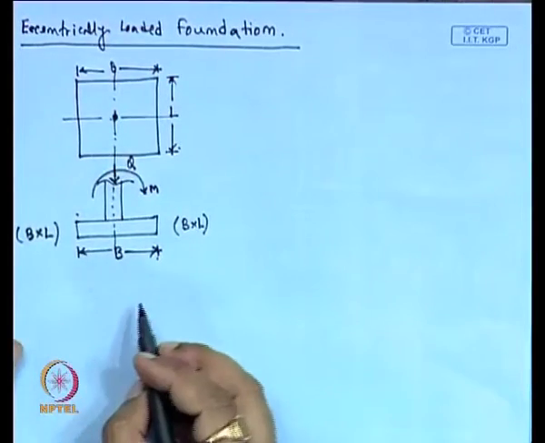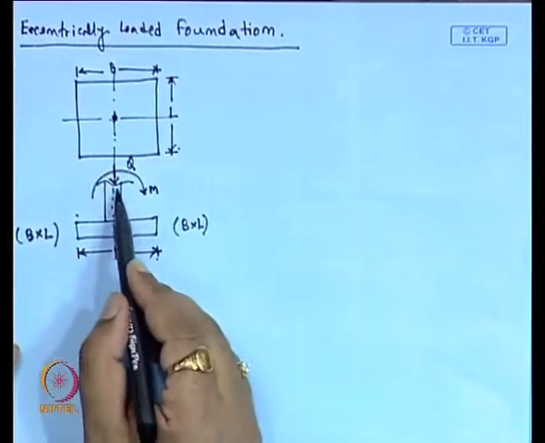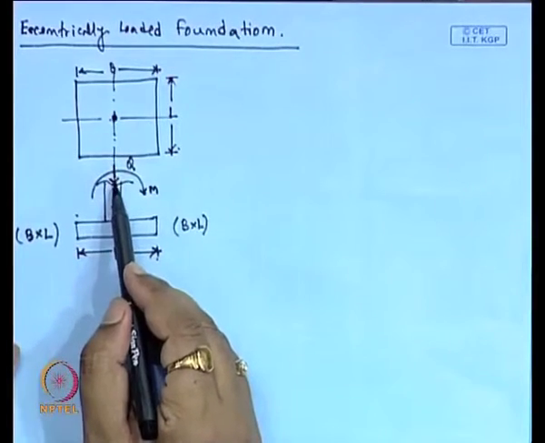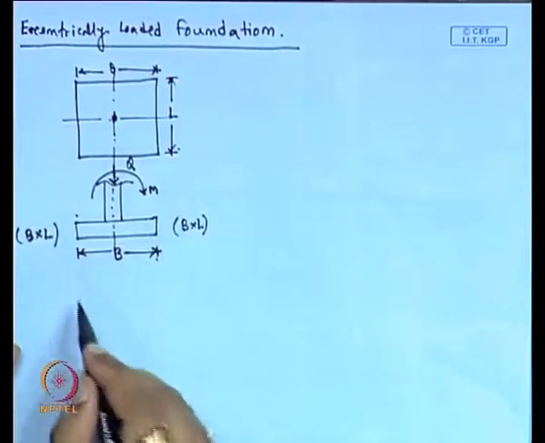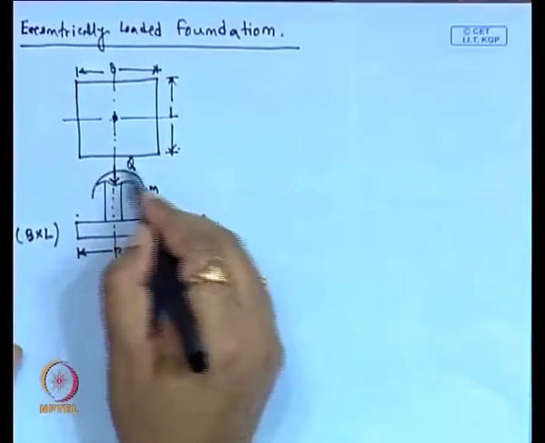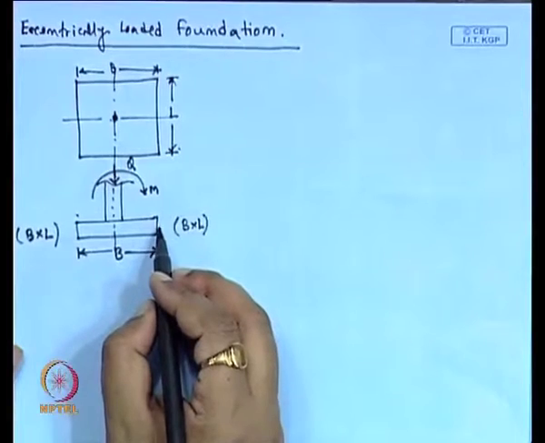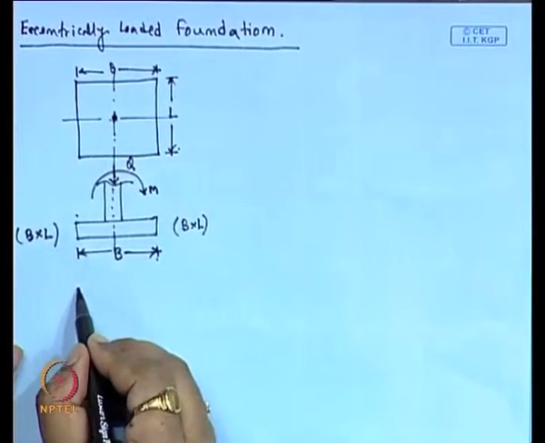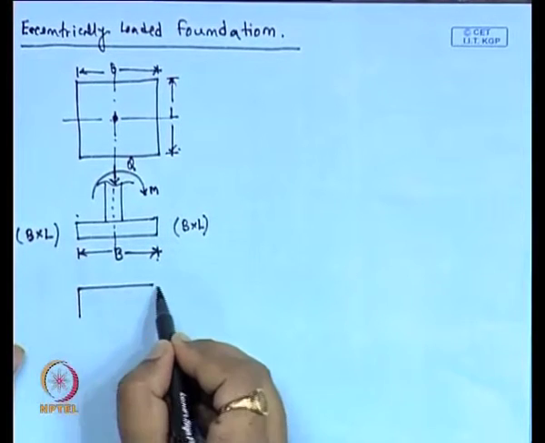Now, under this loading condition, if the loading is applied at the center or there is no moment, then a uniform distribution of loading is observed. If the moment is applied, the distribution of the load below the footing will follow this pattern.